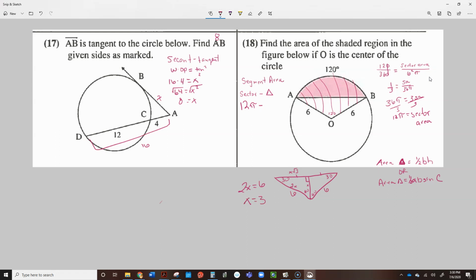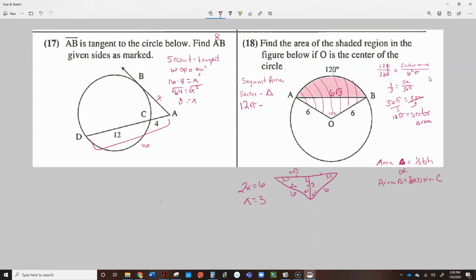So this little piece right here, which could be considered the height of the triangle, that piece is 3. And then the base, which is that piece right there, each piece is going to be 3 square roots of 3. So the whole thing, I got 3 square roots of 3 right there, 3 square roots of 3 right there. So this is going to be 6 square roots of 3 right there.